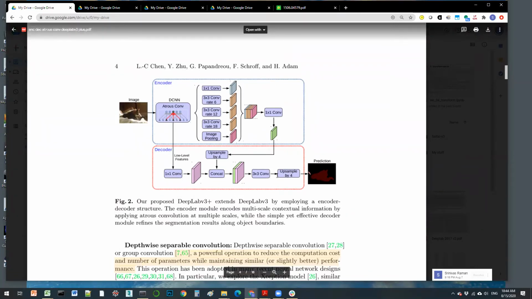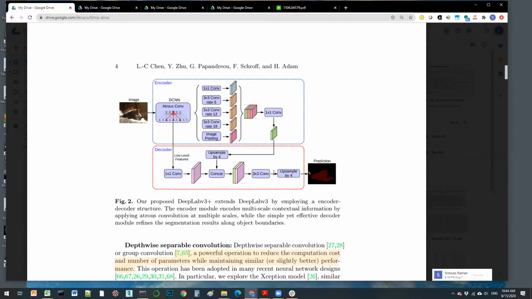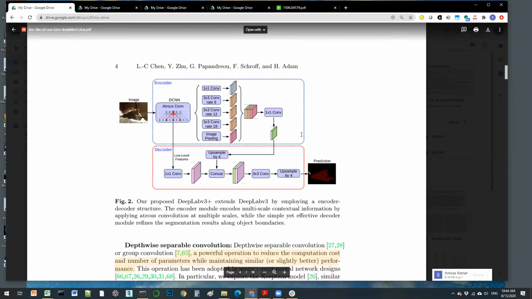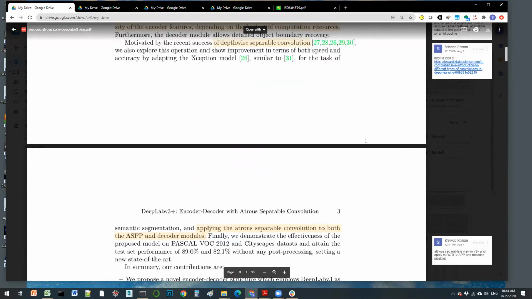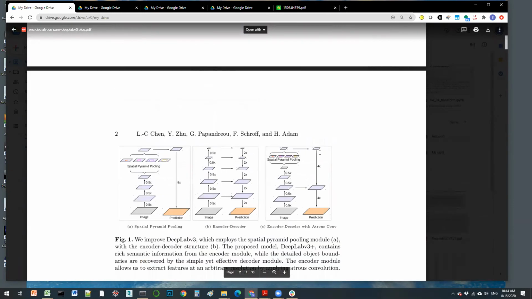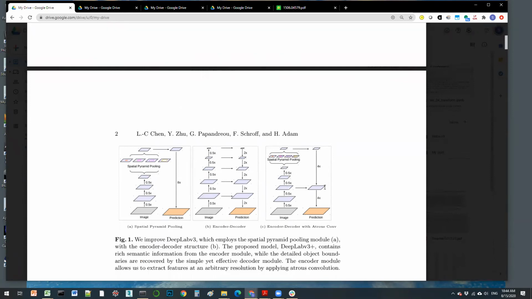Okay. And the way I orient myself, at least, and tell me if I'm right or wrong, is that you do the upsample by 4 to concat. So this one coming in here, then you upsample by 4 and concat. You go back to this diagram, you upsample by 4 and you concat. Yep.